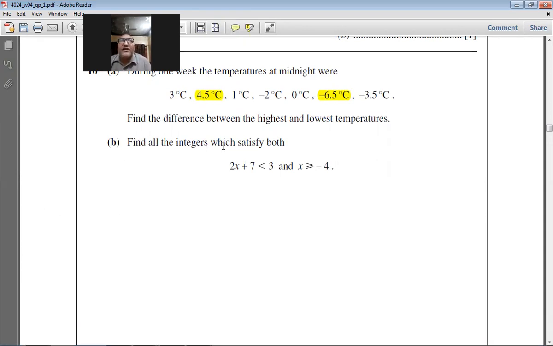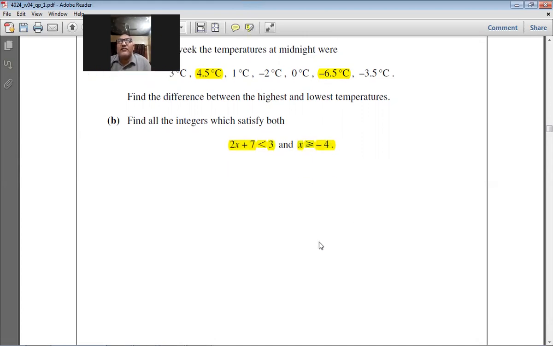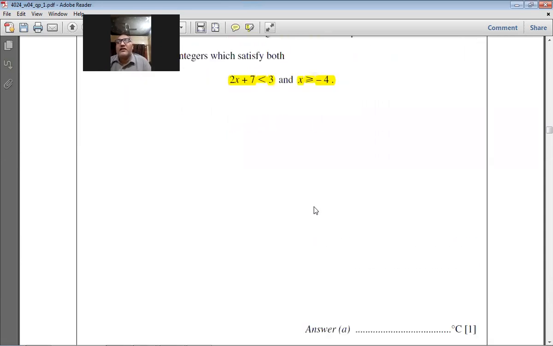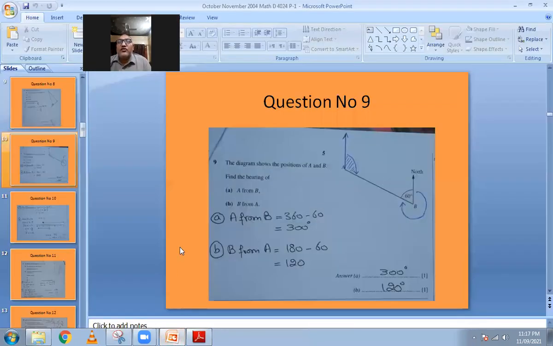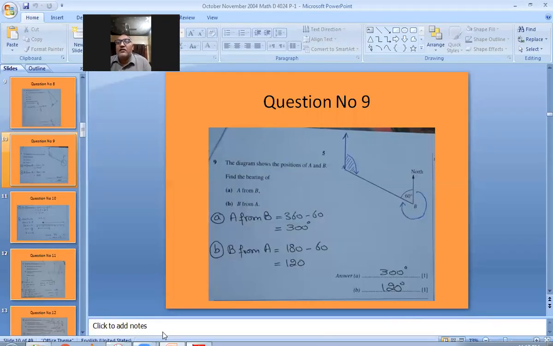Then it says, find the integers which satisfy both of these. These are the two inequalities which are given, so we have to solve them. It's a 1-mark question. So let me show you. I have solved it.